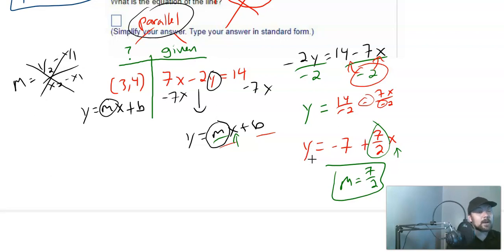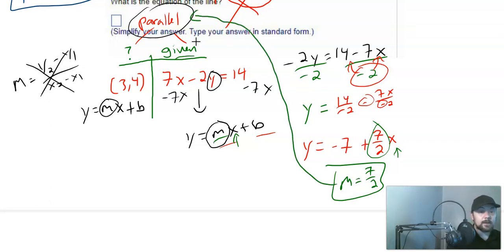Now, because it's parallel, this might seem a little bit redundant or unnecessary, but I think conceptually speaking, this is the way you need to think about this problem. Because if it's perpendicular, it does make a difference. So think about it this way: the slope of the line I was given is 7 halves.